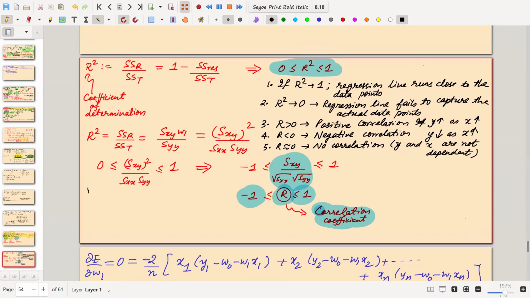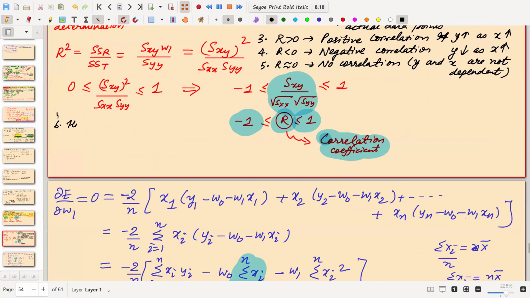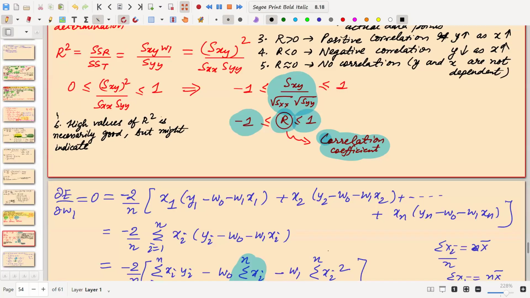There is a sixth and most important point: high values of R2 might be good, but might indicate overfitting also.